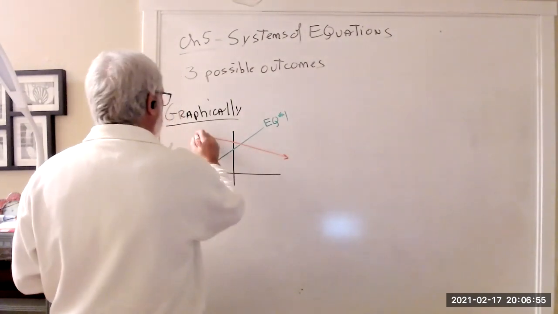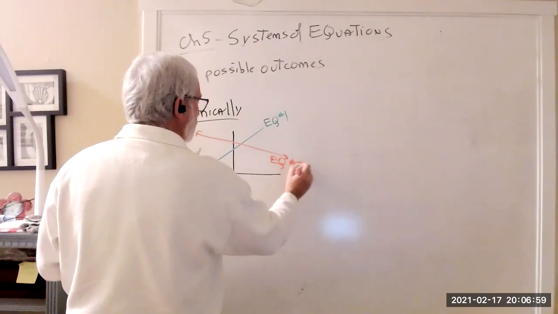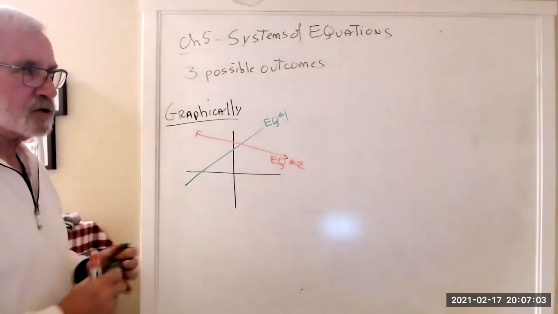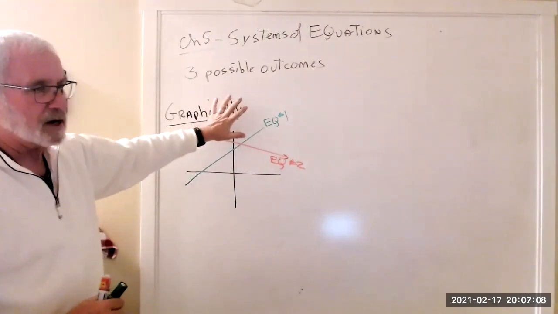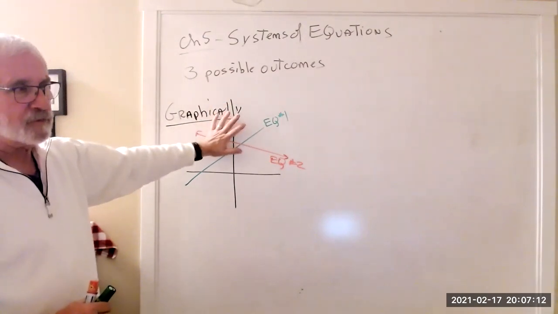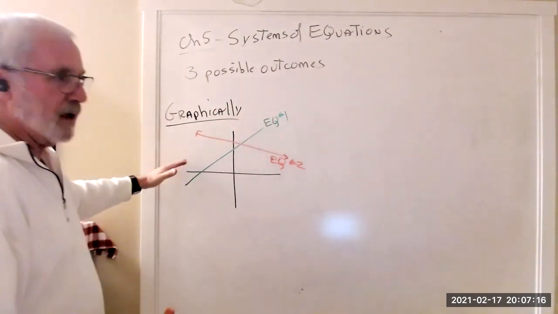This is equation number 2. Okay. So let's pause for just a second. Remember up here, I had an example of a 2x2 system. And you could have graphed those. Let's pretend that you graph them and this is the picture.